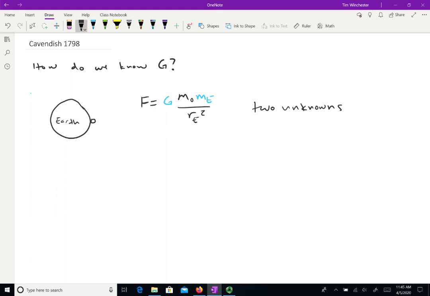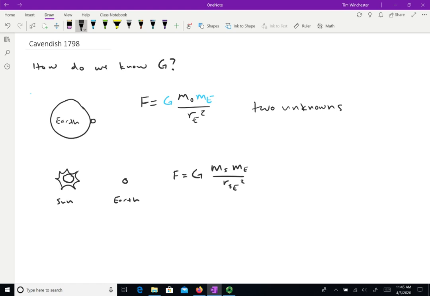So you might say, all right, well, let's consider some astronomical observations. Maybe I can go and take the sun and the Earth, and here I can use the force that the sun exerts on the Earth is equal to G, mass of the sun, mass of the Earth, over the distance from the sun to the Earth squared.